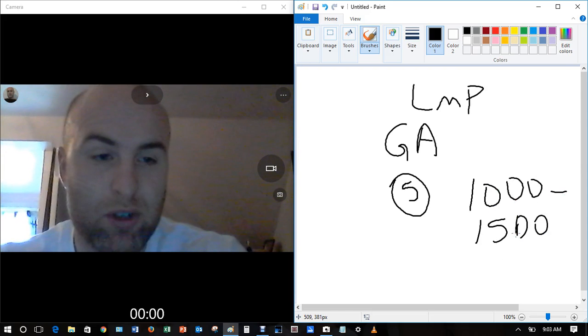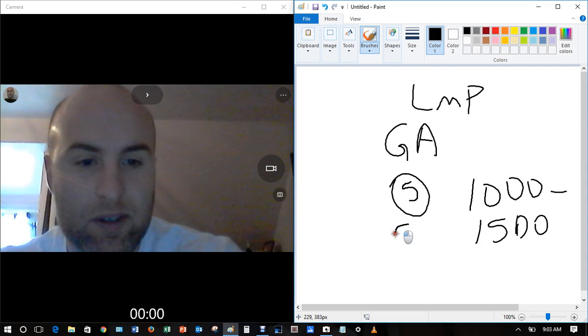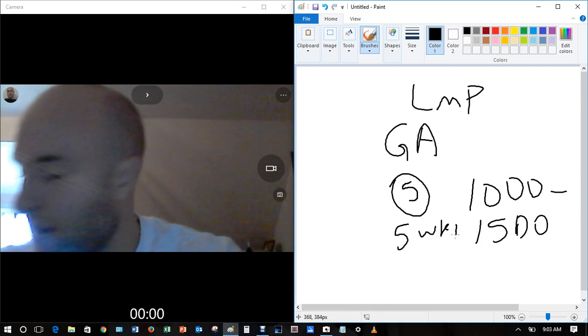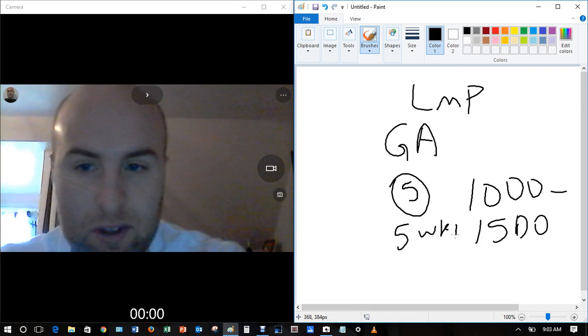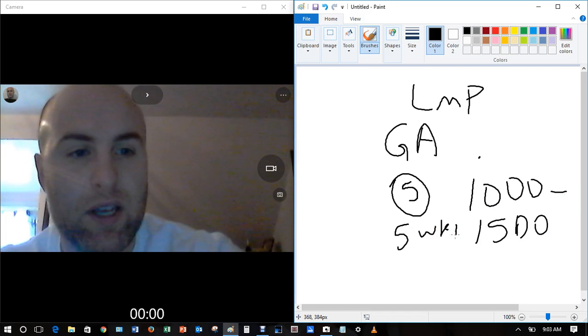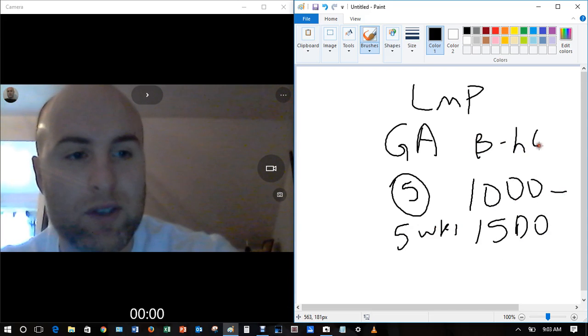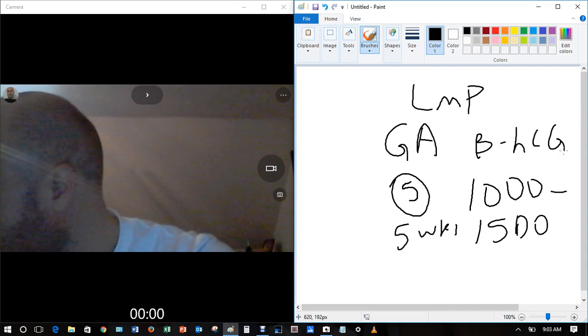That's about where it should be at 5 weeks, and that's the earliest you can see it. So if they see the little sac there and the beta HCG is at that level, then they'd say everything is normal and it looks great.